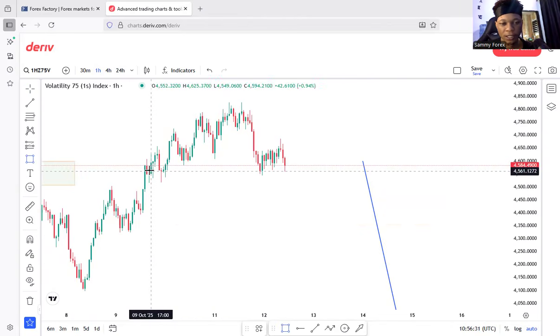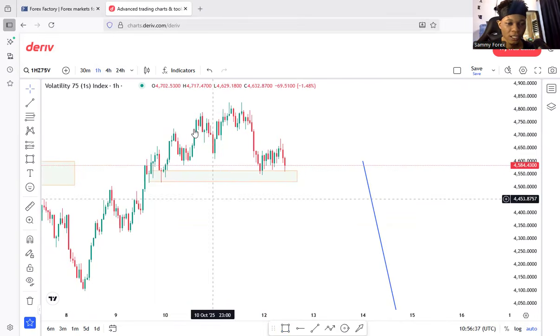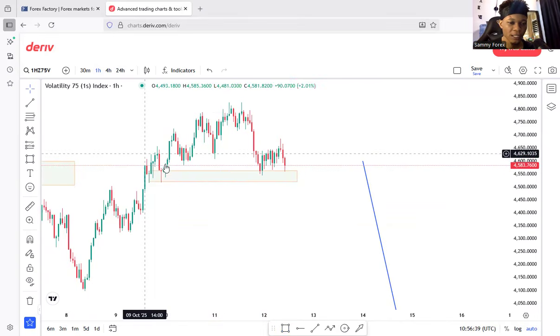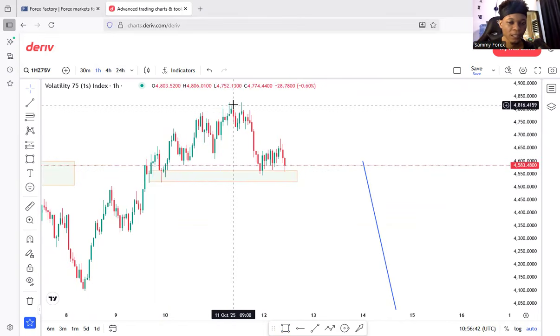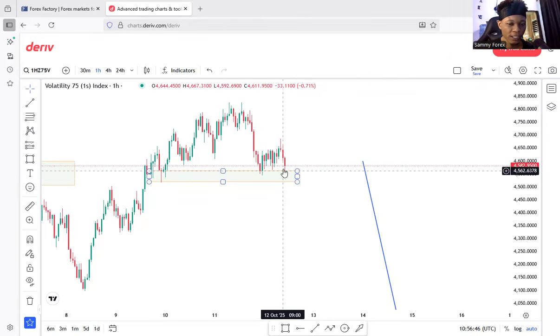But before you can join any selling opportunity, you wait for price to clear this low, because this is the low that created a W pattern that pushed price all the way to this particular high. Now price came here and rejected, came back again, trying to make a rejection.